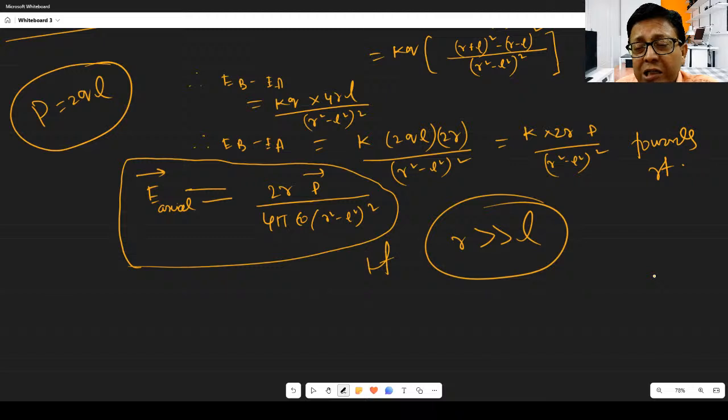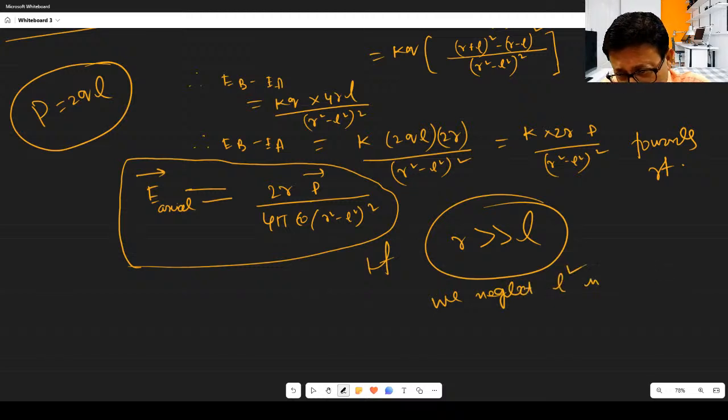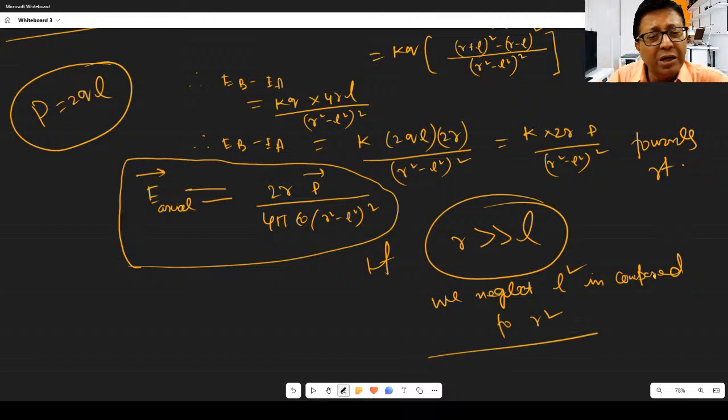If R is much larger than L, we neglect L square in comparison to R square.